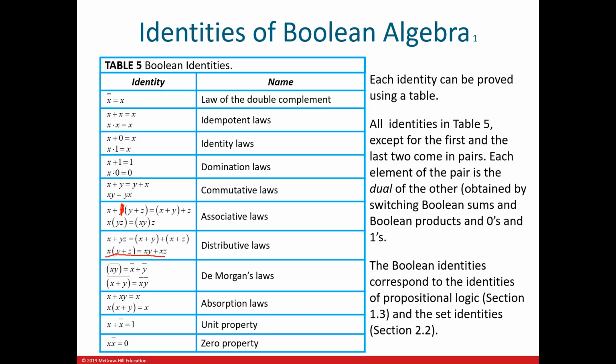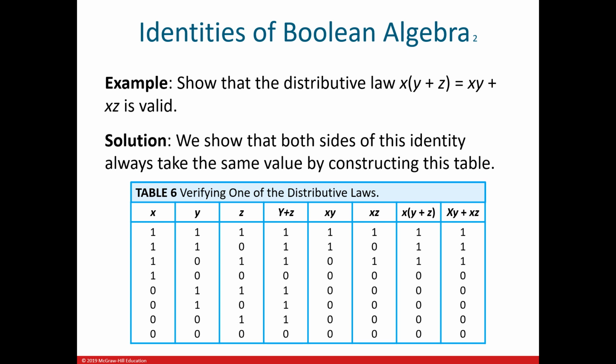So using these laws, we can show some identities, or we can also show whether two given equations give us the same value or not. That is also possible by solving these kinds of equations.